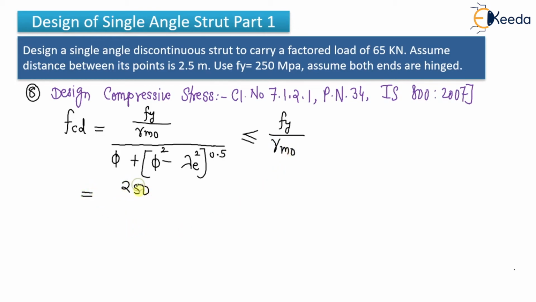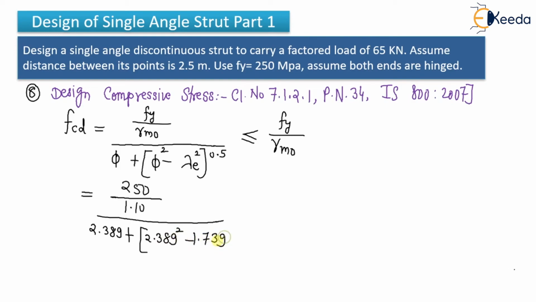fy is 250 divided by gamma m0, that is 1.10, whole divided by 2.389. This we have calculated just in the previous step. In a bracket again 2.389, but this time square, minus lambda e, that is 1.739 square, bracket close, raised to 0.5, and it should be less than or equal to 250 by 1.10, because fy is 250 and gamma m0 is 1.10.